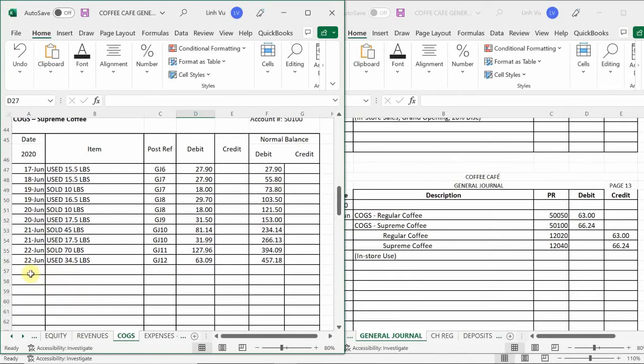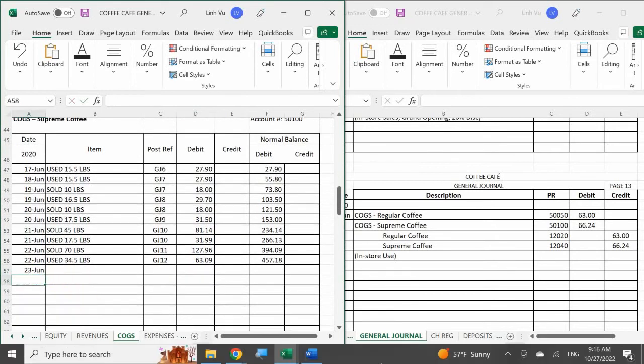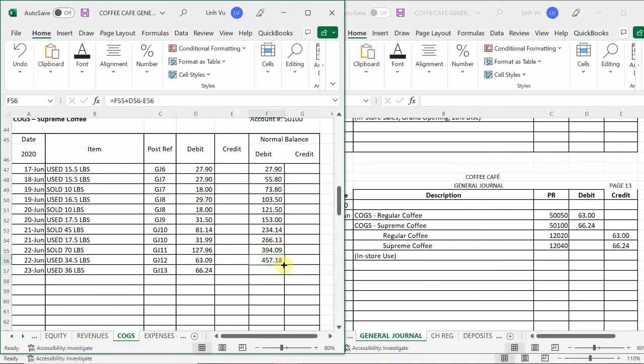Our Supreme coffee, 36, for 66.24. $523.42.